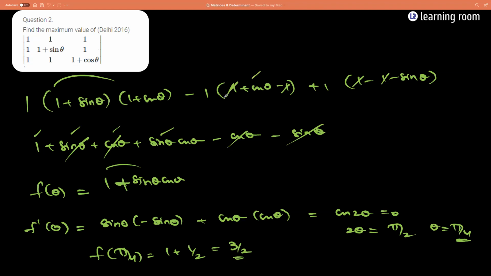So 1 and 1 got cancelled. So I'm left with cos theta, so minus cos theta plus this 1 into 1 plus cos theta.